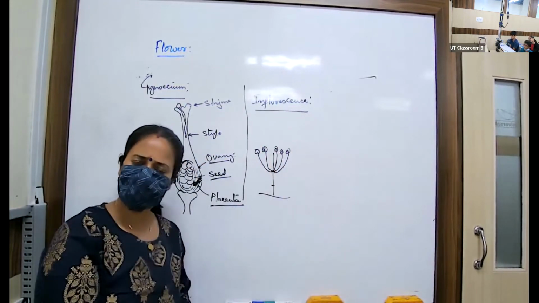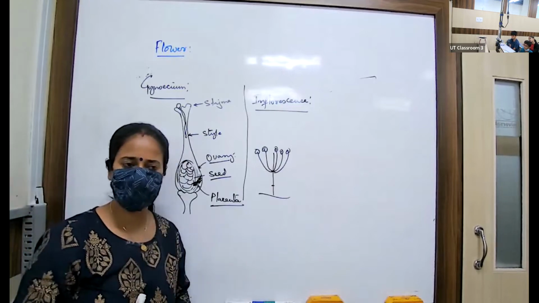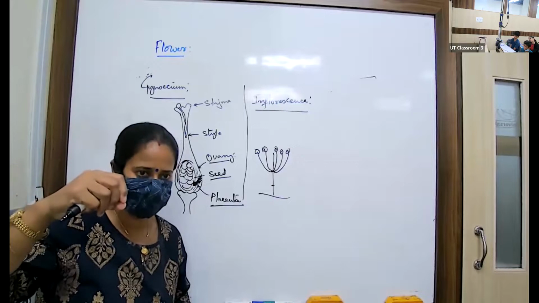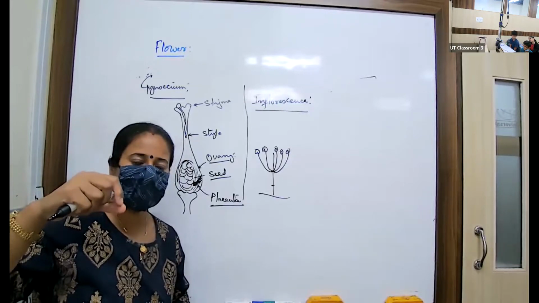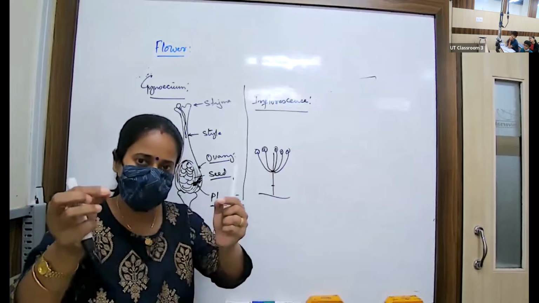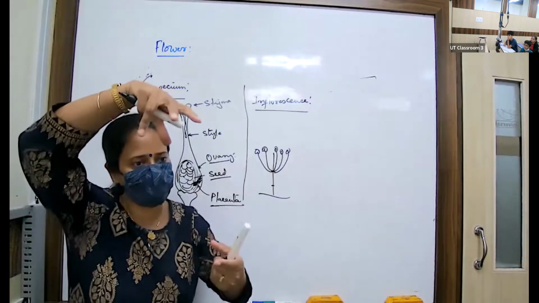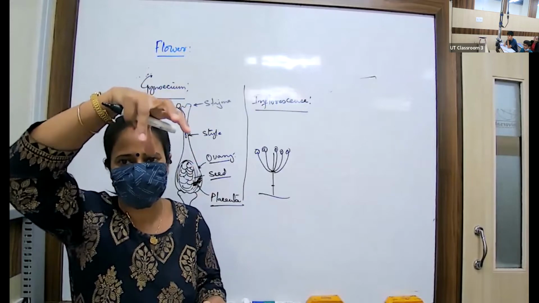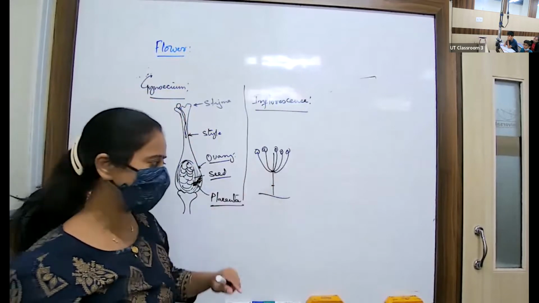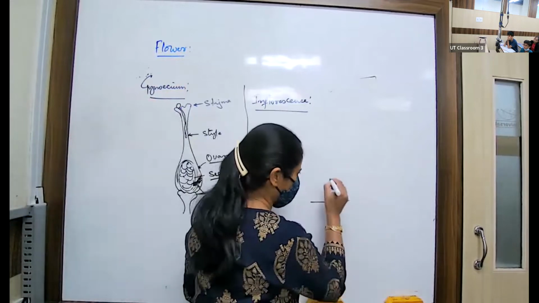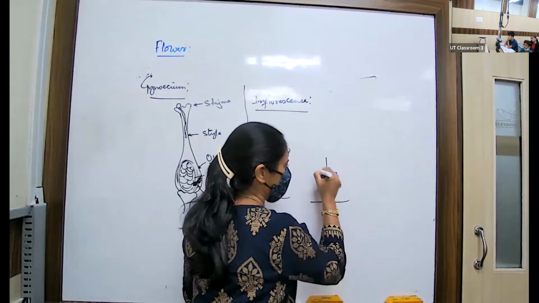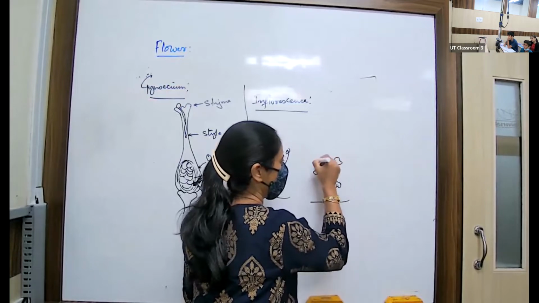There are certain types of flowers that we also get to see where there are flocks of flowers, bunches of flowers, red, orange, and they all originate from one region of the tree, but the flowers are all at the top, forming a bunch. You must have seen such flowers. So this is one type of arrangement. Then what is the other type? The other type is: here is the flower, here is the flower, here is the flower.